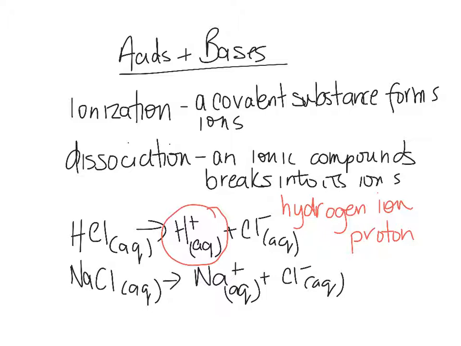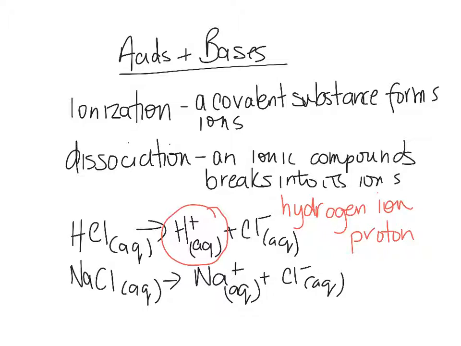So you'll see those two words used to describe the H+ ion. We call it a proton. We also call it a hydrogen ion. And it's really important for acids.